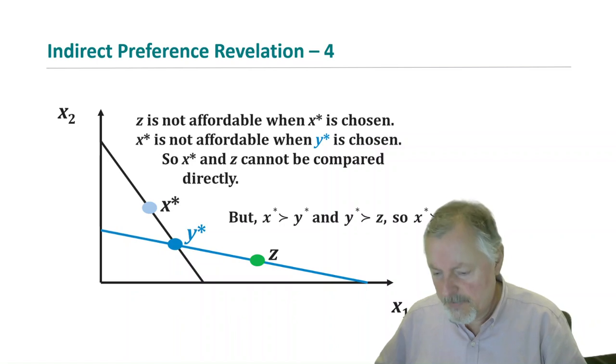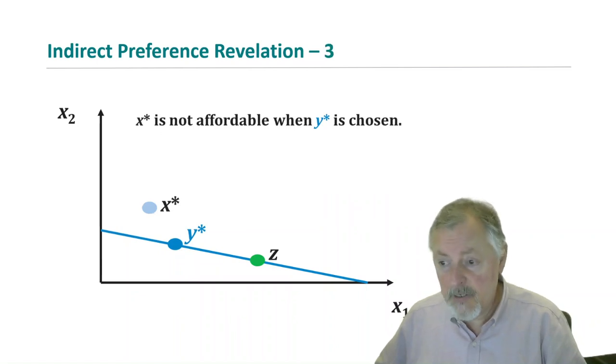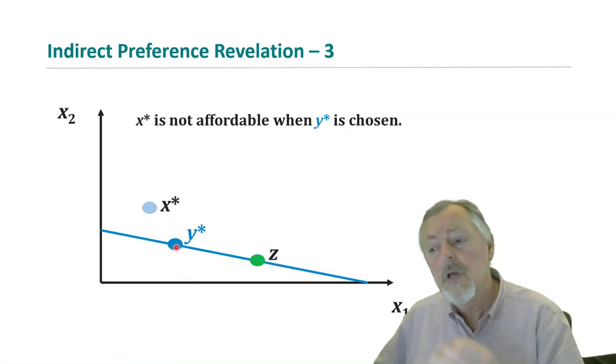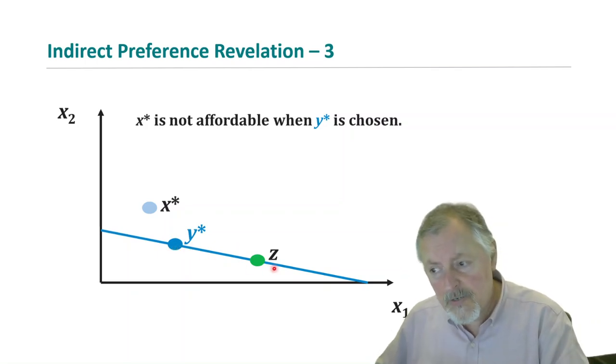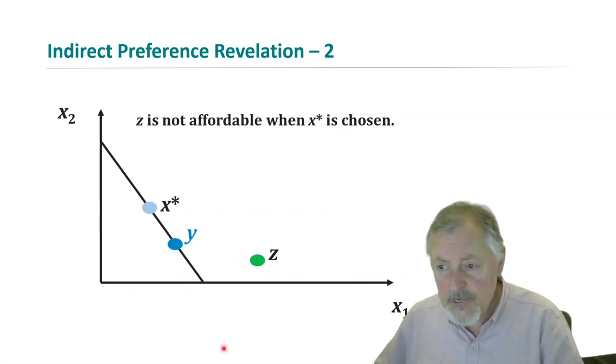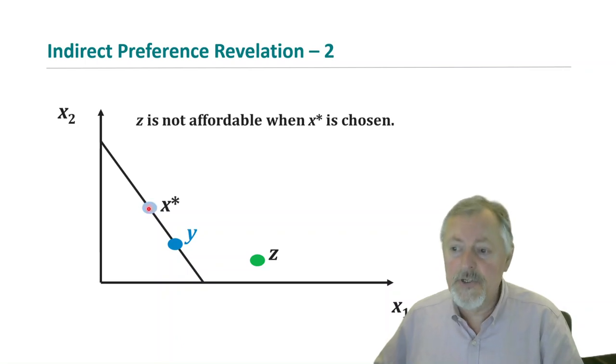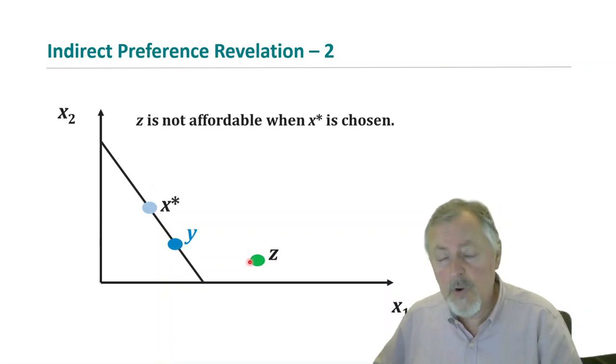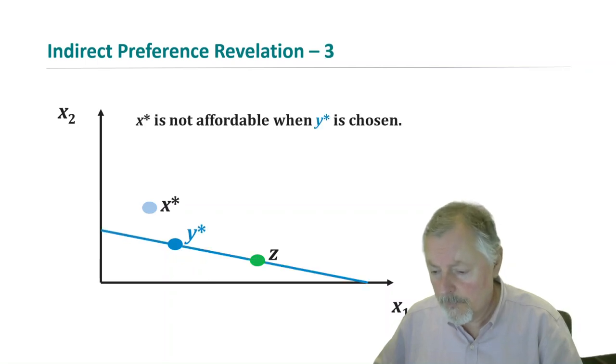So the fact that, for example, here you chose Y doesn't by itself tell us anything about how you compare X and Y. It only tells you your relative opinion of Y and Z. Same thing here. This tells you you like X better than Y. It doesn't say anything about where Z falls in that.